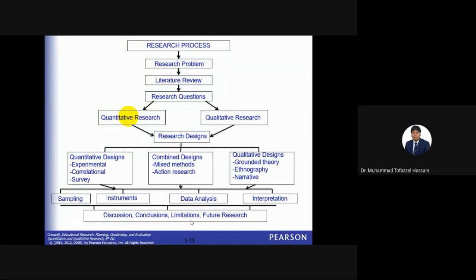Probably you know the competence level of the public university students, but you do not know the competence of private university students. Or you know the private university students at Dhaka city only, but you do not know the competence of the students of private universities at the district level or outside Dhaka, right?